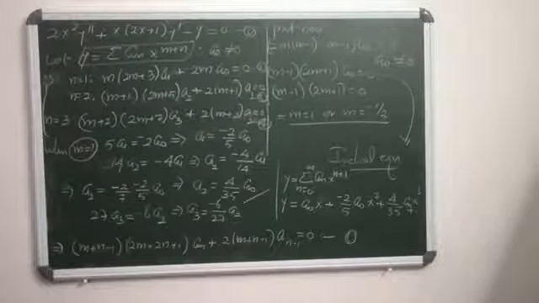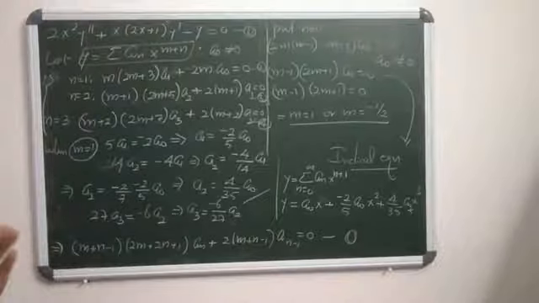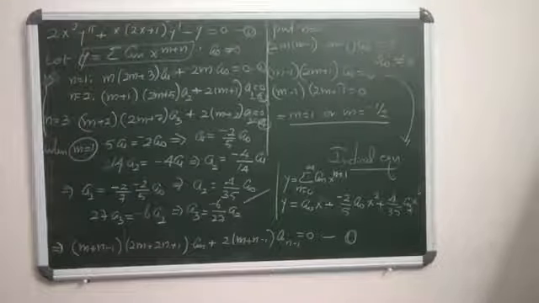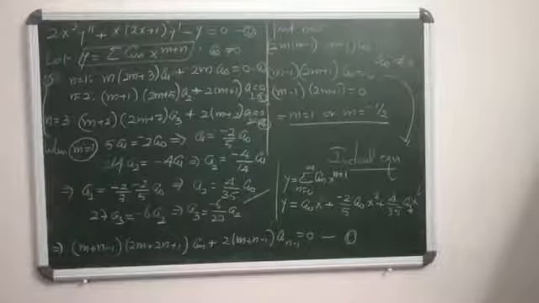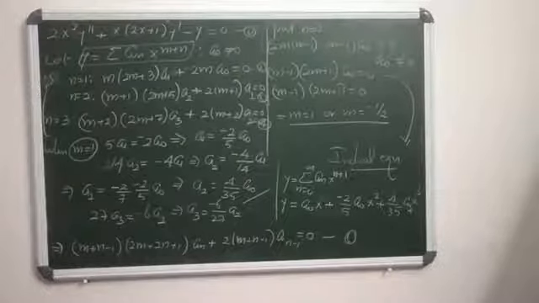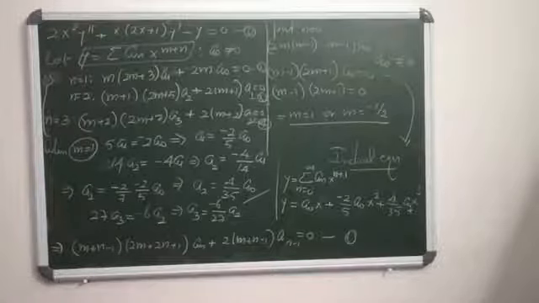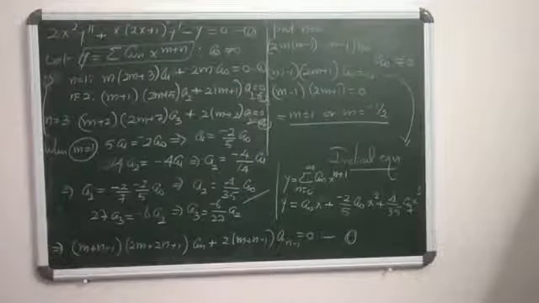Okay, so when x equals 0 is a singular point for the given differential equation, or instead of 0 some x naught, if x naught is a singular or regular singular point, then you can assume y equals sigma a n x power m plus n to be the solution of the given differential equation. After substituting the values of y double dash, y dash and y in the given differential equation, after equating the coefficient of either x power m plus n or x power m plus n minus 1, whatever it may be, to 0, you have an equation which involves both m and n.